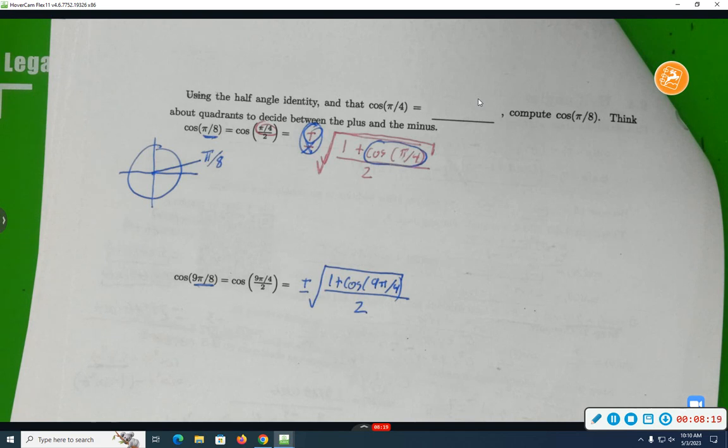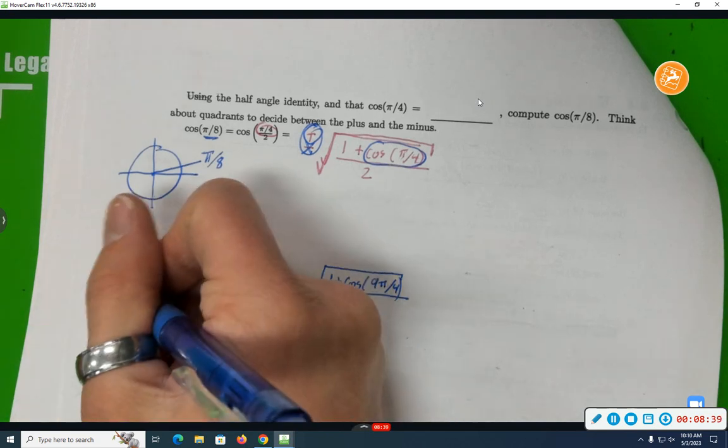Let's see a show of hands. Quadrant 1, quadrant 2, quadrant 3, quadrant 4. Okay, cool. It is in a quadrant. So let's figure out which one by thinking about how big it is.